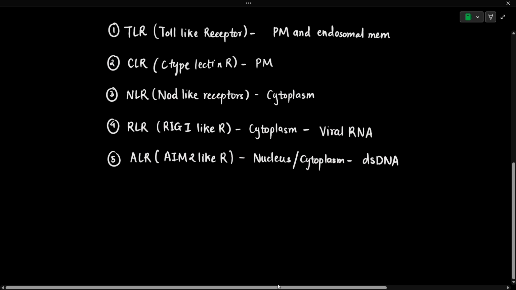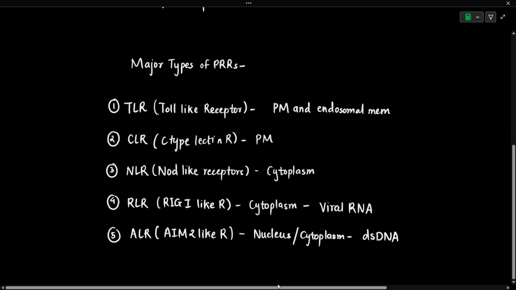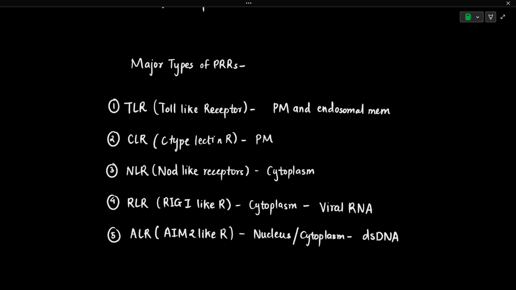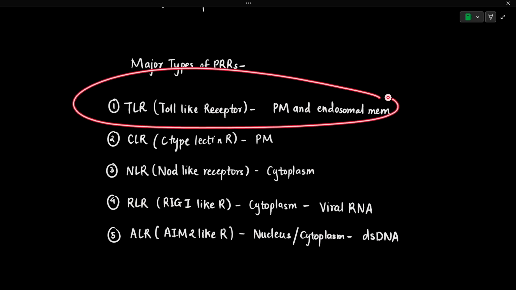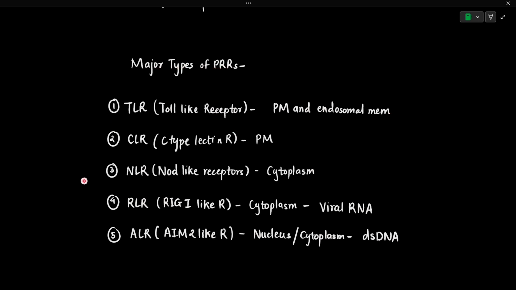So these are the major types of pattern recognition receptors that we will be discussing. We will discuss toll-like receptors in detail, NOD-like receptors in detail, as well as RIG-like receptors in great detail. In today's lecture, we will be focusing only on toll-like receptors. We will discuss NLR and RLR in some other lecture.